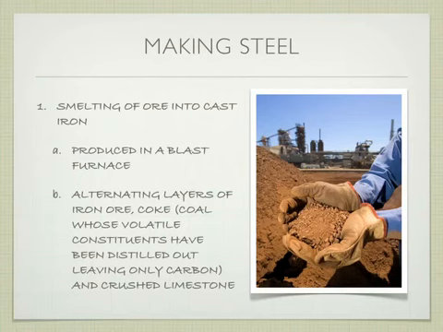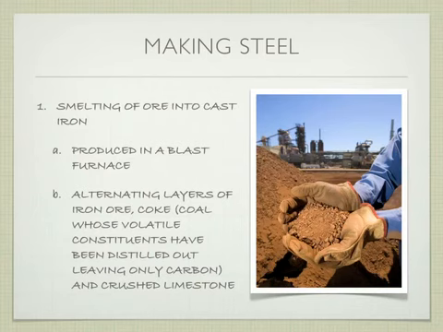It's alternating layers of the iron ore, which looks a lot like dirt, and what's called coke, which is just coal whose volatile components have been distilled out, leaving only that pure carbon that's going to burn. It's kind of the fuel for the fire, so to speak.